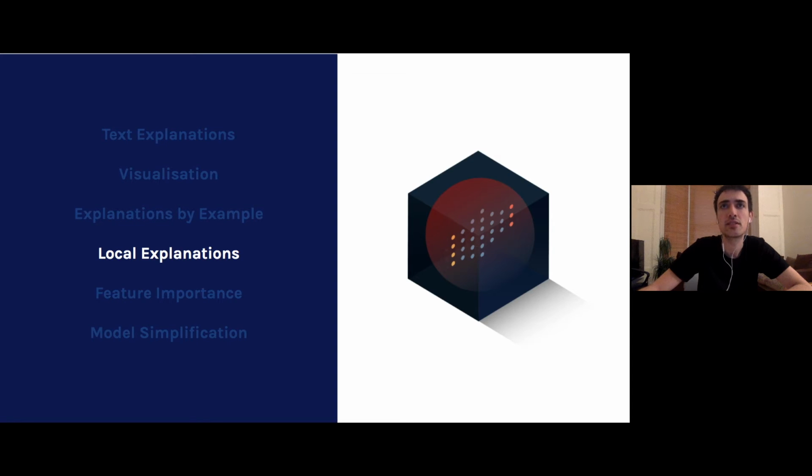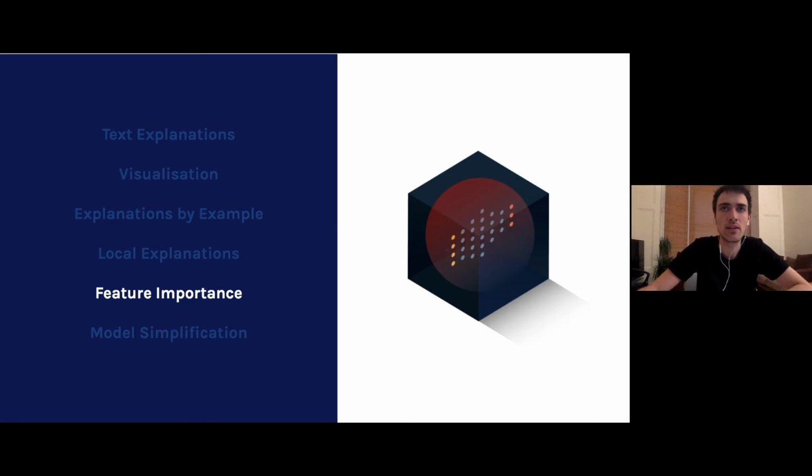Local explanations is where we focus on a localized region within the model and approximate the complex space as a linear one. Once we've done this, we can then reason and interpret the linear region instead of dealing with the full complexity of the model. Feature importance looks at the input features to the model and assesses the individual impact of each feature to a model's predicted output before aggregating its results to determine overall contributions of the features to the model's predictions.